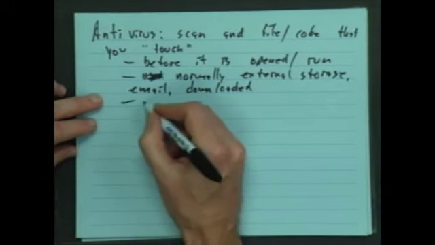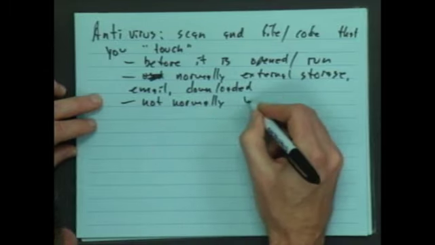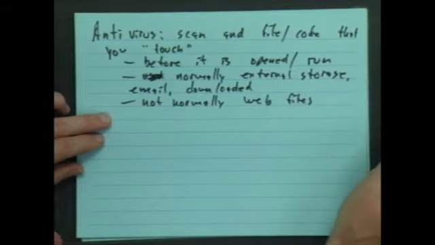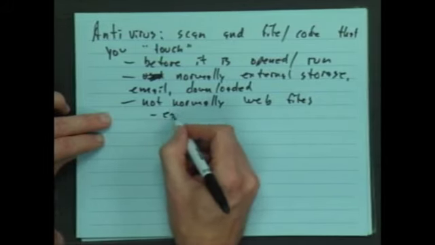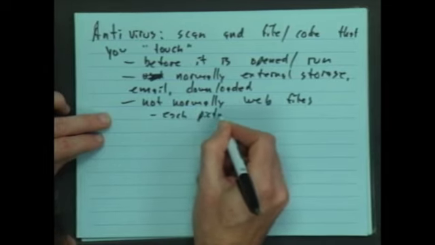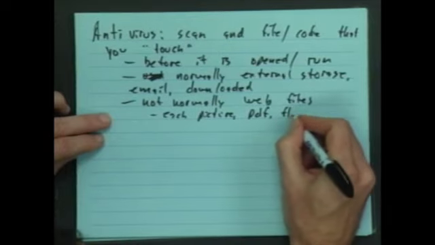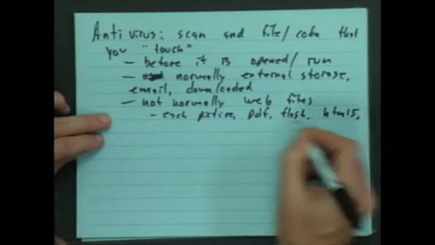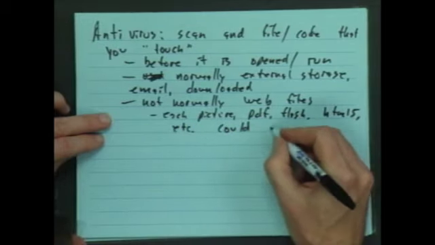And the problem is it's not normally web files. You remember I told you about all those connections, right? So each picture on the web, each PDF on the web, each Flash thing on the web, each HTML5 thing on the web, that could have a virus in it.